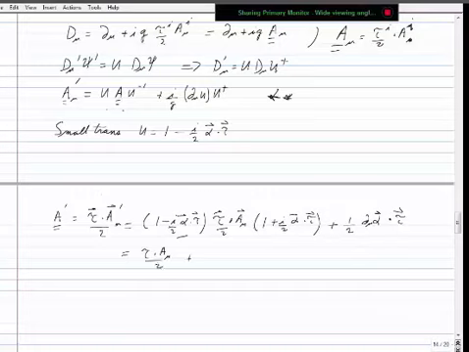So let's do this for small transformations. I'm going to take U is 1 minus i over 2 alpha dot tau.